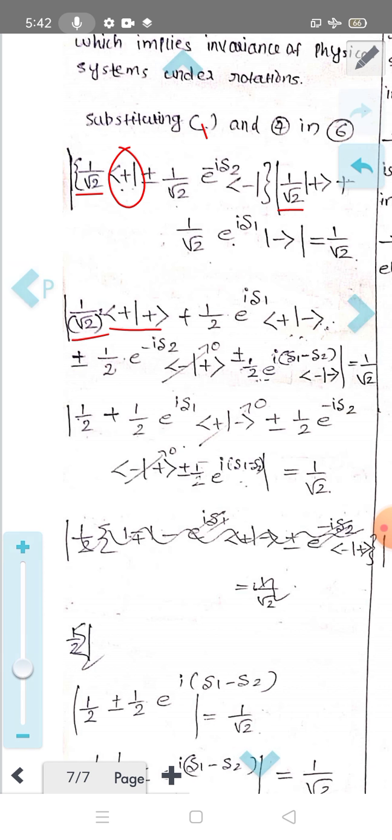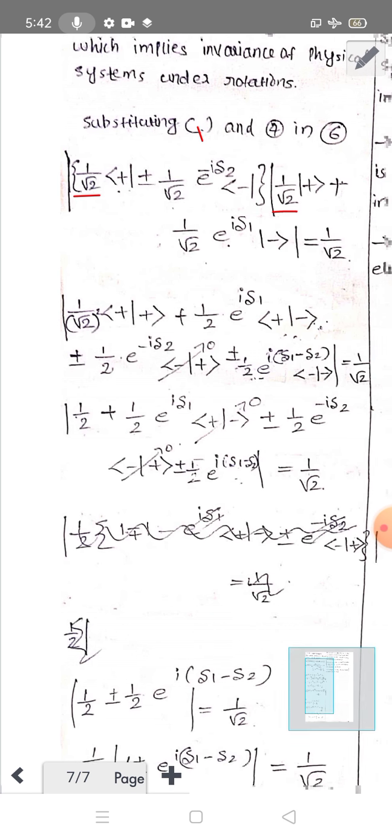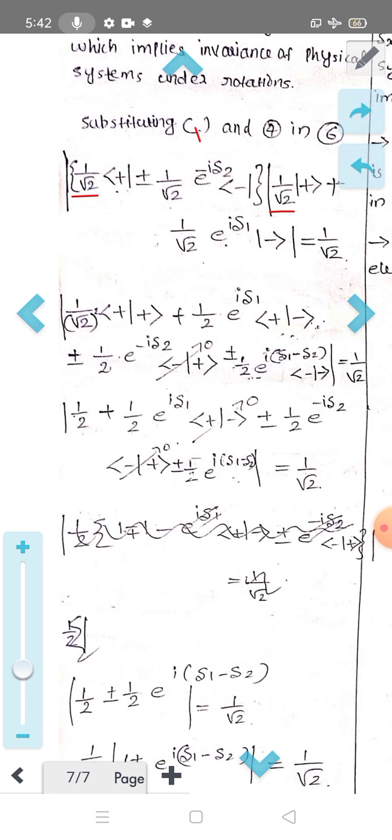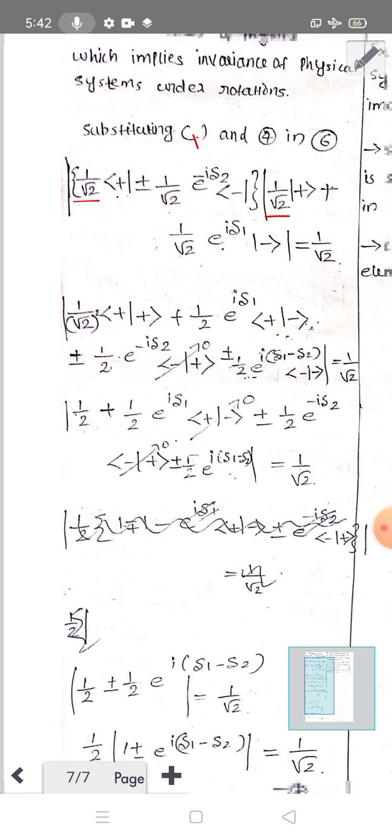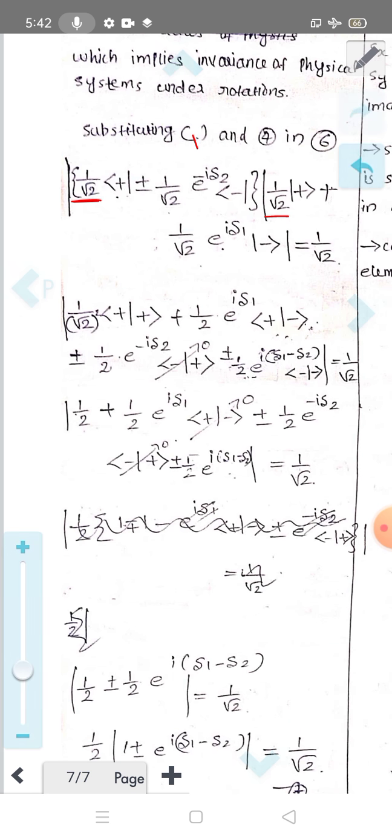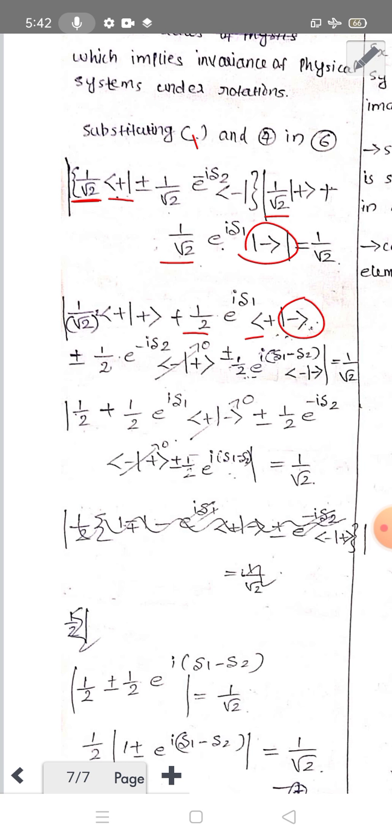So it is the inner product ⟨+|+⟩, and the next one is plus again 1/√2 and 1/√2, which become 1/2, and here is bra plus and here is ket minus, and also an e^(iδ1).